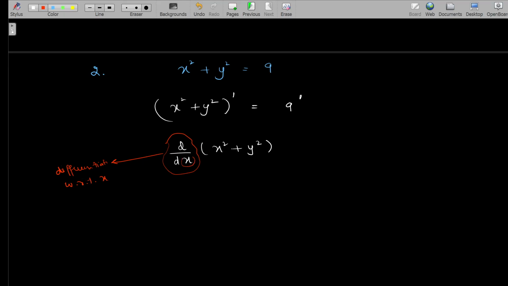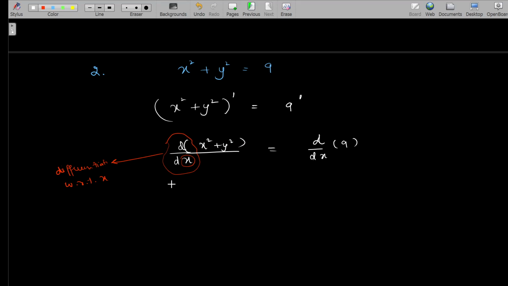Whatever is in the bottom, we are differentiating with respect to x. We are differentiating x square plus y square, and on the right hand side we are differentiating 9 with respect to x. Actually, I should write it like this: d by dx of 9.